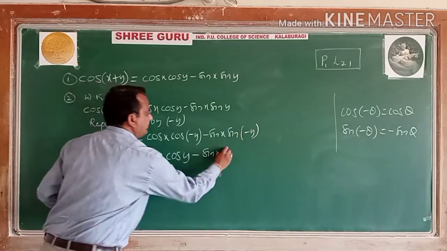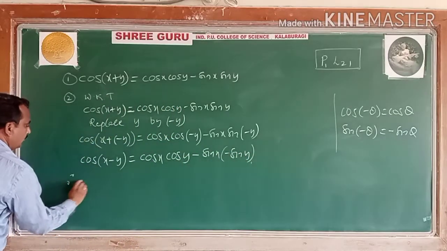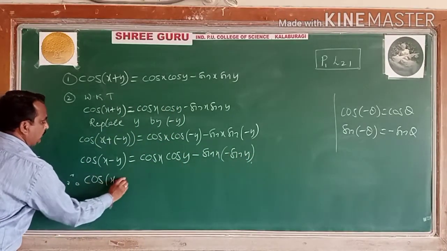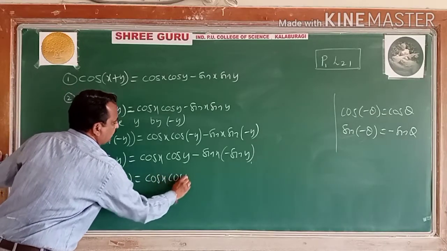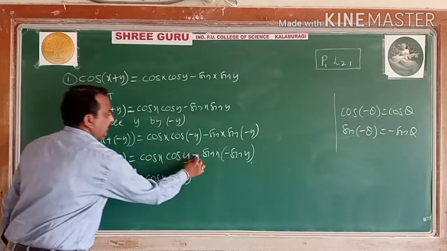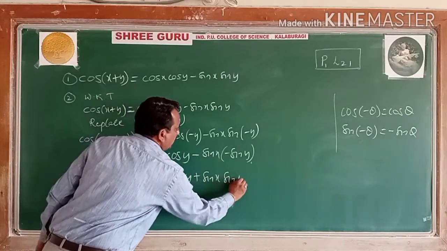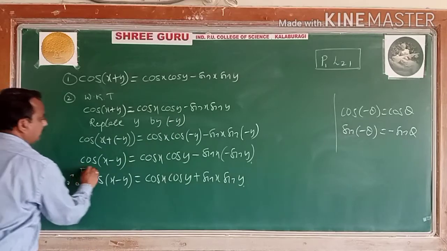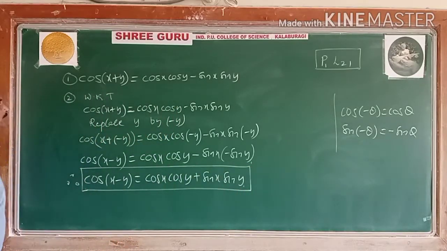Minus sin y. Therefore cos of x minus y is equal to cos x into cos y, minus of minus becomes plus, sin x into sin y. This is the second result.